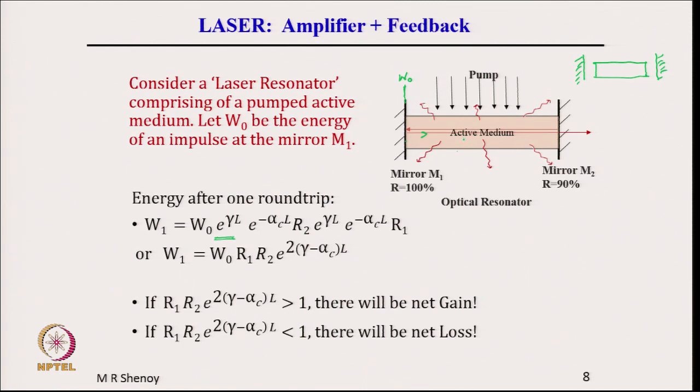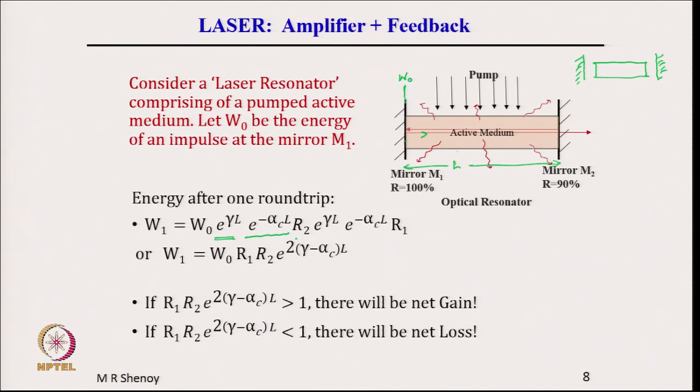This is a pumped laser medium, which means it is ready to amplify. Therefore, when the energy propagates to the other end, it gets amplified by a factor e to the power gamma L, where L is the length of propagation. But it also gets multiplied by, as we have already seen, an intrinsic attenuation factor alpha c, therefore, e to the power minus alpha c into L.